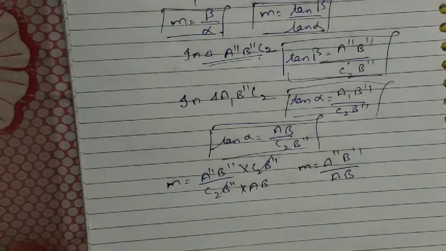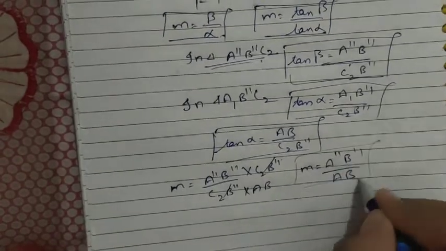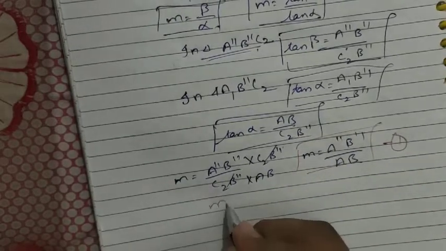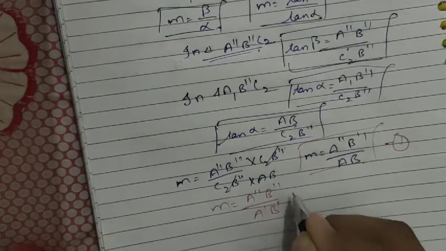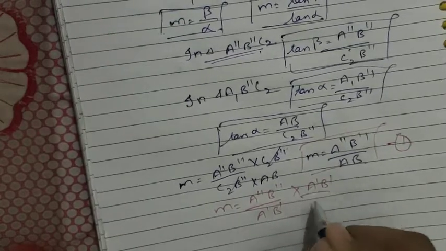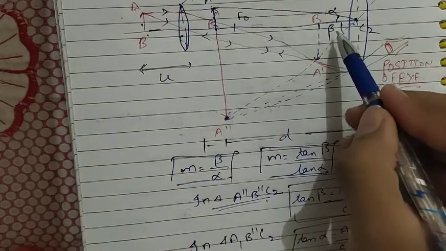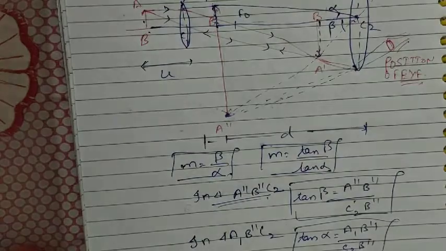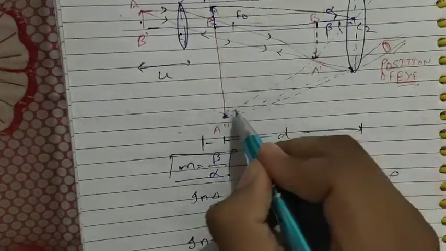Now let's multiply and divide this equation by A dash B dash. M is equal to A double dash B double dash divided by A dash B dash, into A dash B dash divided by AB. The first factor is the magnification for the eye lens; A dash B dash acts as the object for the eye lens and A double dash B double dash is its image.